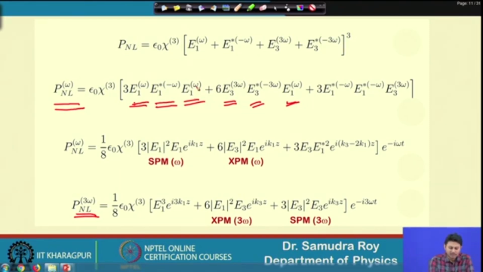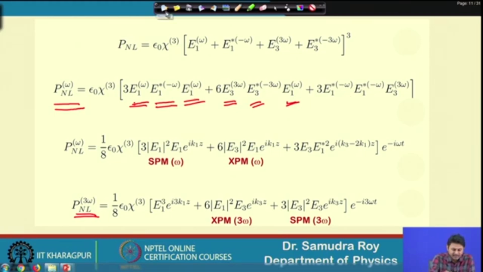So the total contribution of these terms is omega. Again, one can have omega by E1 star, which is minus 2 omega, multiplied by E3 with 3 omega. If you add minus 2 omega plus 3 omega, again you will have omega.